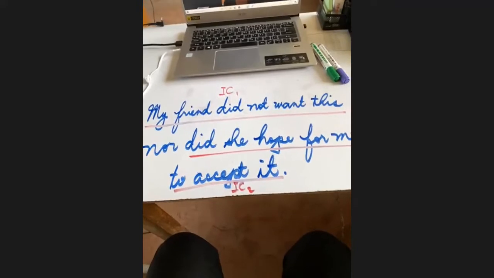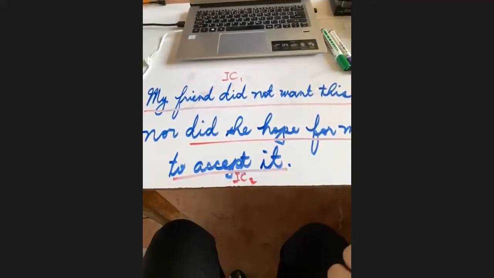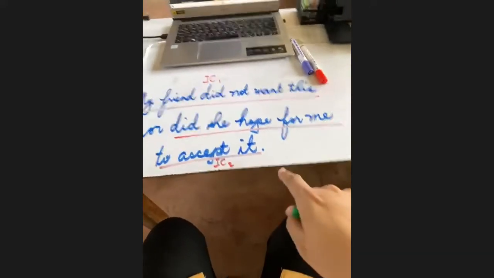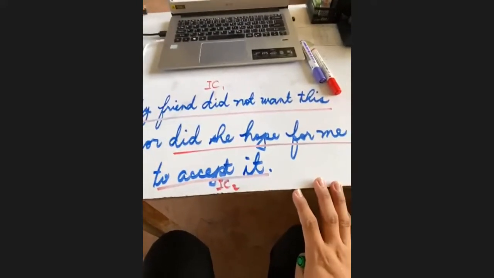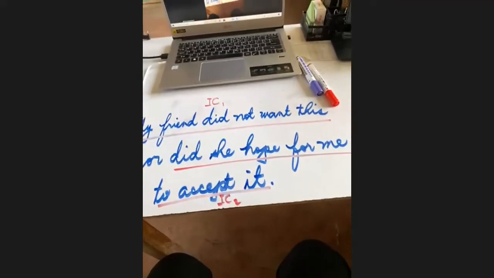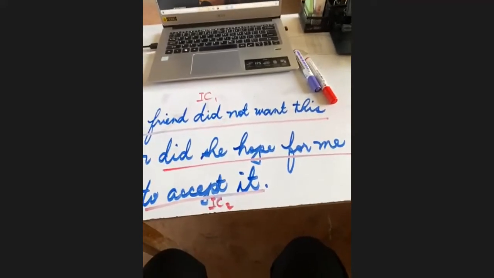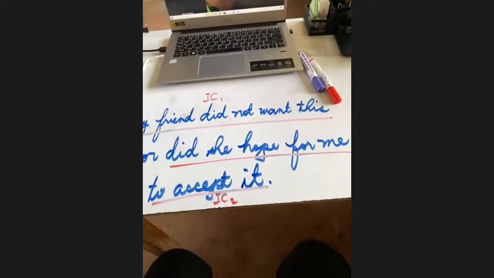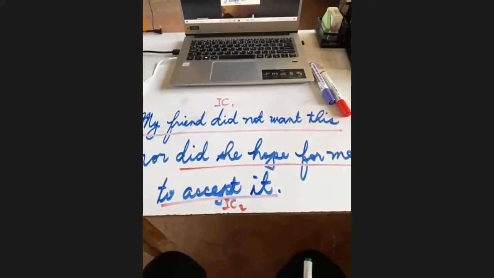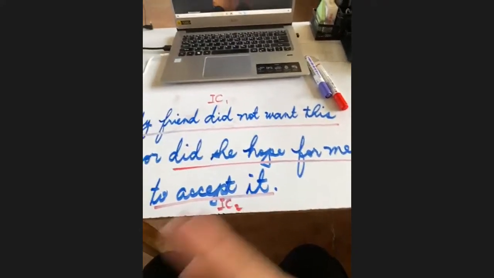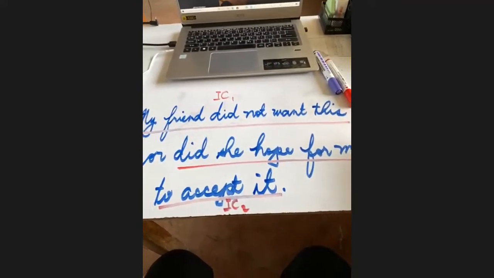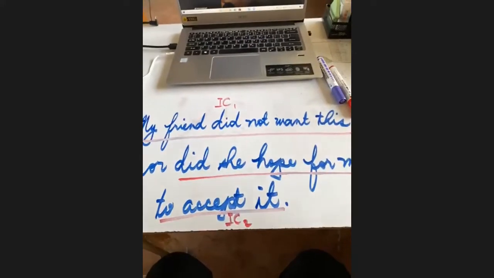However, perhaps there's not much of an issue with independent clause 1. But the issue comes with independent clause number 2. Look at the structure of independent clause number 2. You have an auxiliary verb, did, placed before the subject she, which is not the usual structure that we place for independent clauses or for sentences, unless it's a question.